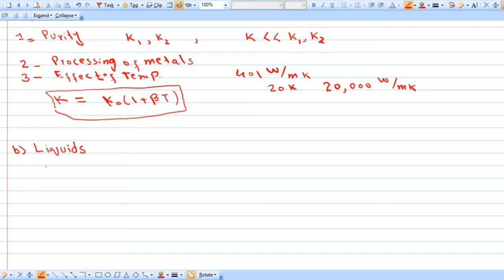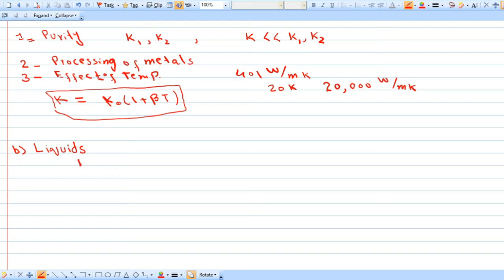This is because as the temperature is increased, the density of the liquid is reduced. Because of the reduction in density, the transfer of kinetic energy to the neighboring molecules is reduced. Therefore, thermal conductivity of the liquids is reduced on increase of temperature.